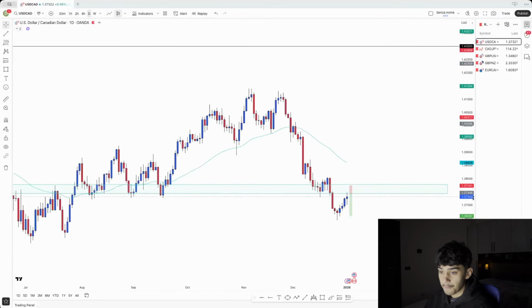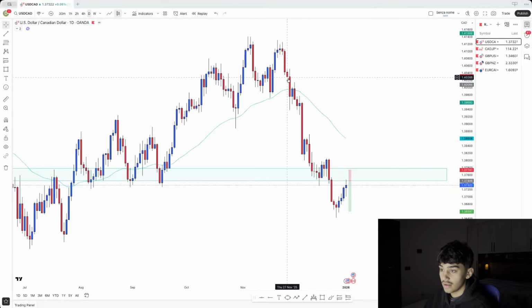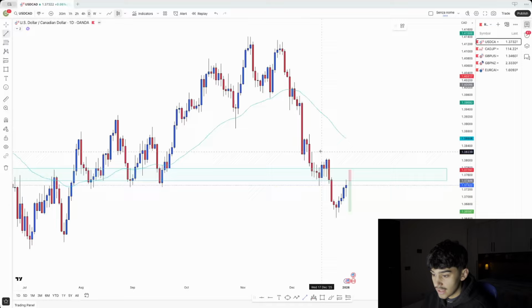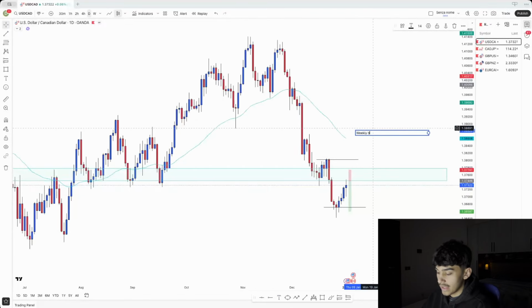We can see that the daily is creating lower lows, lower highs, lower lows, lower highs. So this is the lower high on the daily, and this is the lower low on the daily. So the daily time frame is bearish as well. So we actually write it down here: weekly bearish and daily bearish.